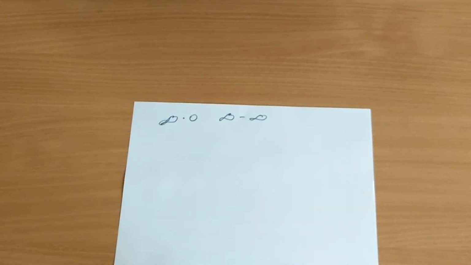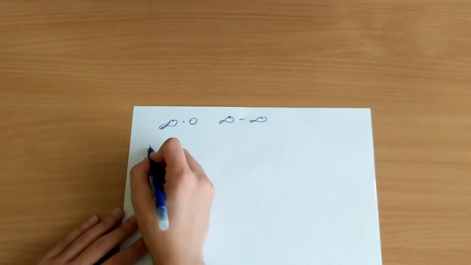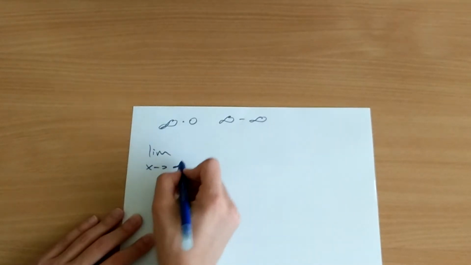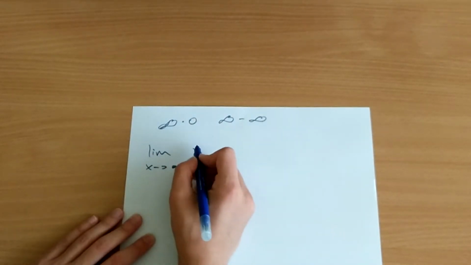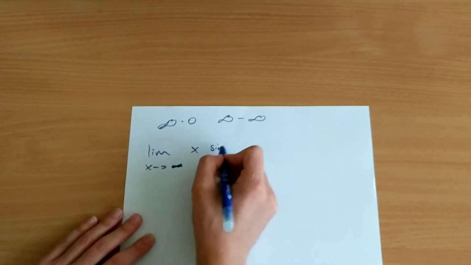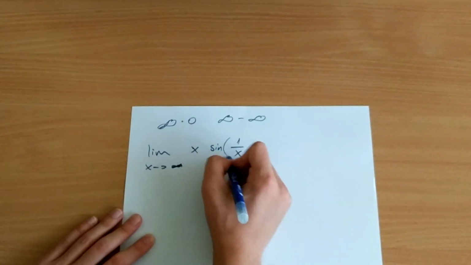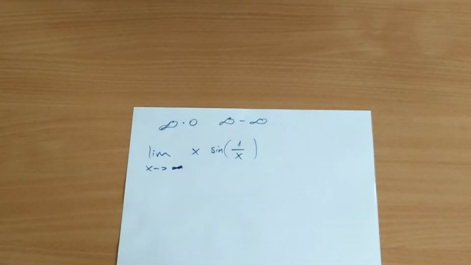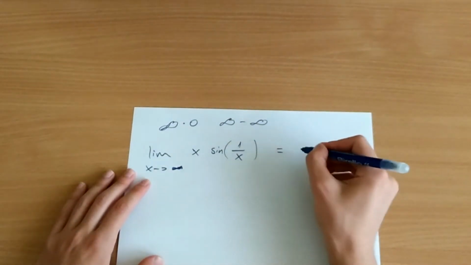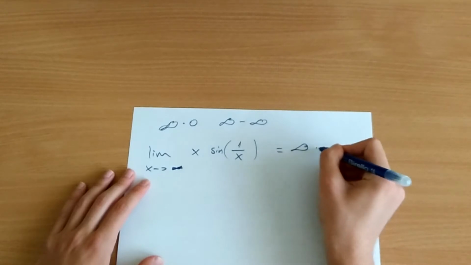For instance, if we have the limit as x approaches infinity of, let's see, x times sine of 1 over x. Now here, if we replace the x's with the infinity sign, we will get the form infinity times 0.